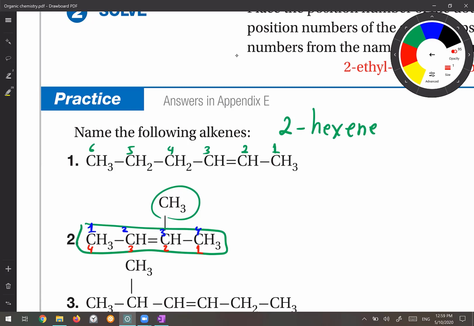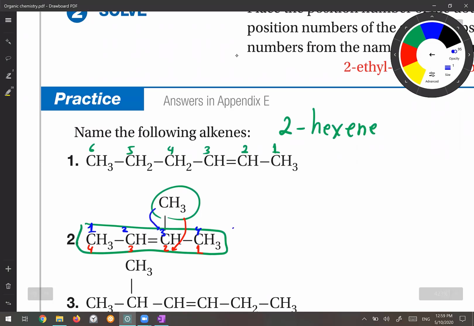So if you number it from the left side and right side, and the location of the double bond is the same for both of them, then you have to look at the branch. Here, if I number it from the right side, the branch would be on the second position. If I number it from the left side, the branch would be on the third position.